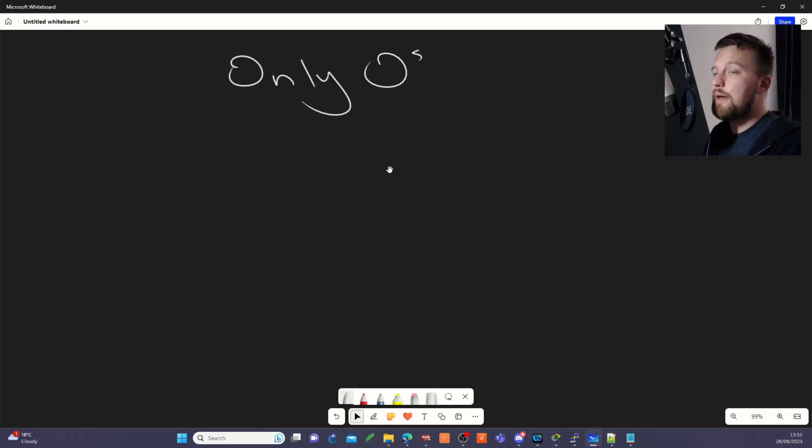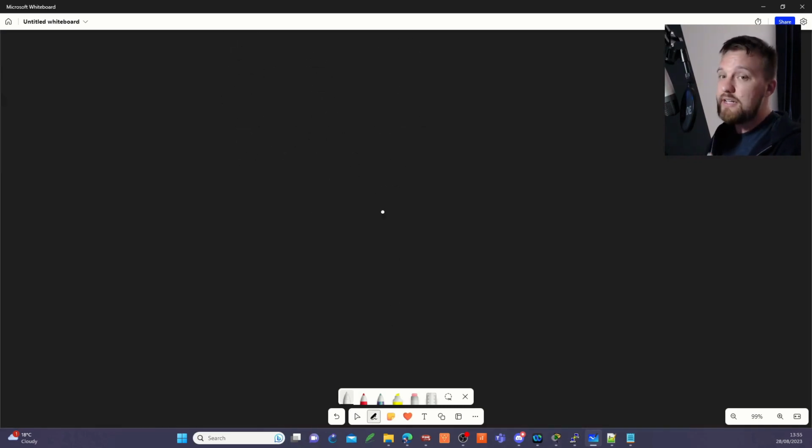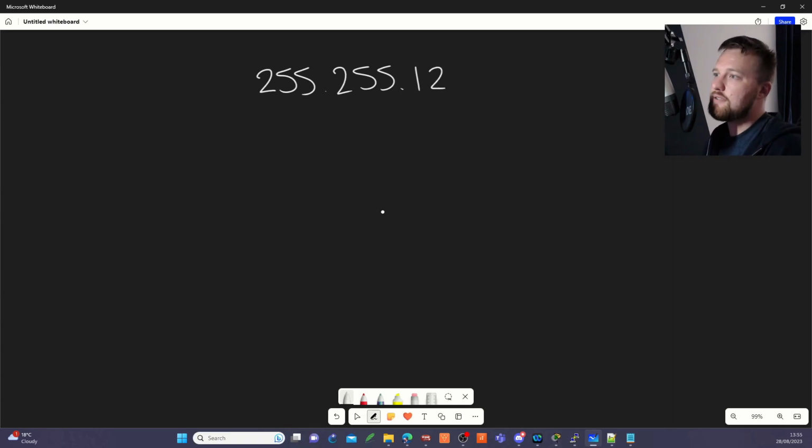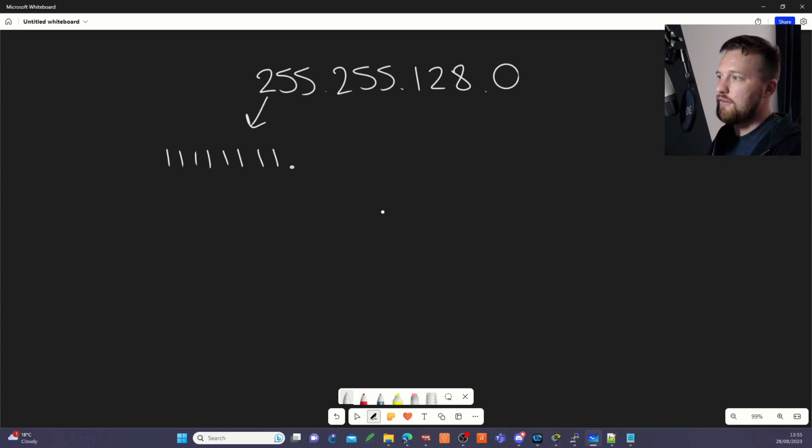So let's look at a subnet mask. Subnet masks are typically written in dotted decimal, like we said. So we can have a subnet mask of 255.255.128.0. That is a valid subnet mask. And what that'll look like in binary is 1, 2, 3, 4, 5, 6, 7, 8, because that is our total of 255. 1, 2, 3, 4, 5, 6, 7, 8, our next total of 255.